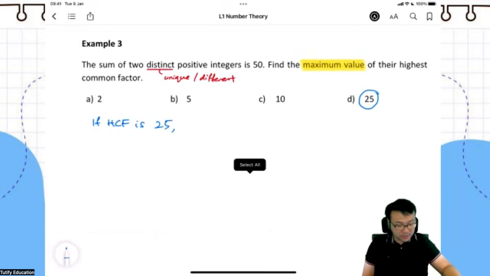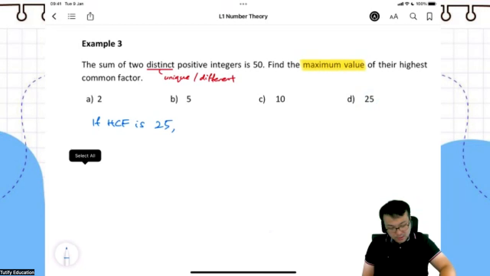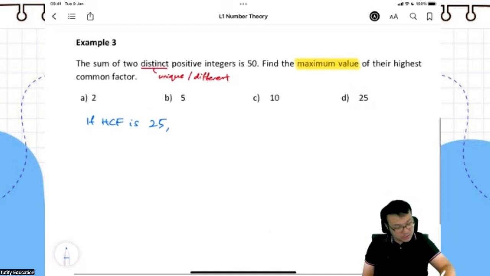What is the maximum value of the highest common factor? So since this is the maximum, I'm going to do an experiment to see whether this is going to work. So let's choose the number 25. Let's just assume that the highest common factor is 25. So what I'm going to do next is test whether I can get a sum of 50.